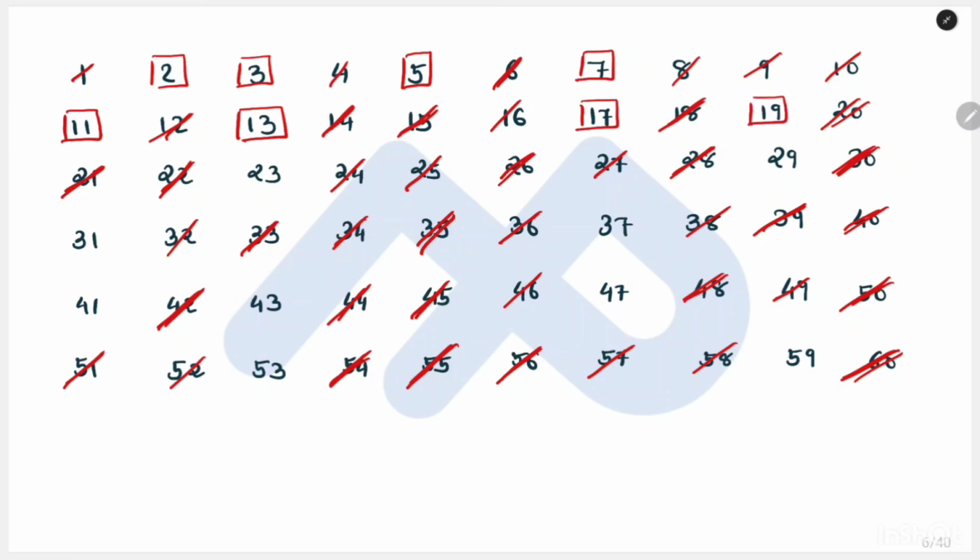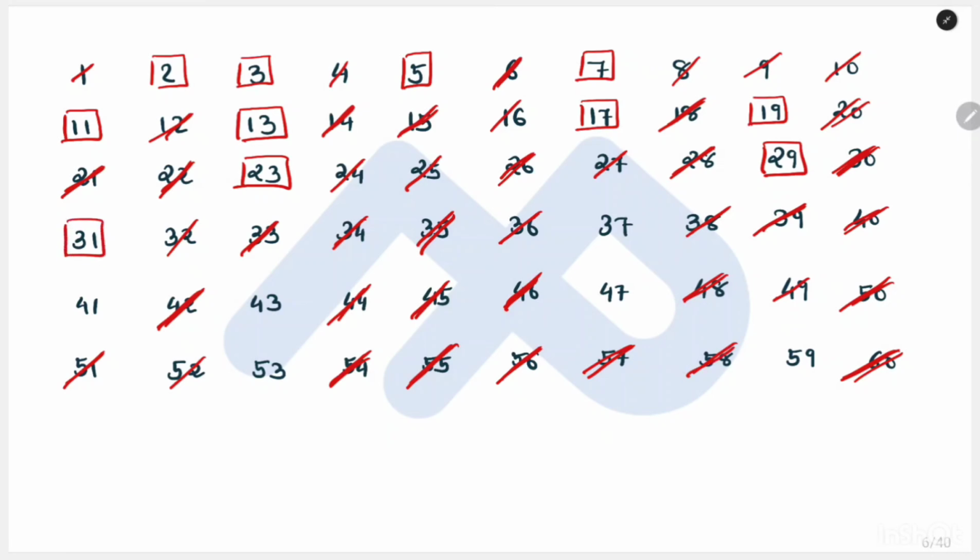So 19, multiples of 19 are 38 and 57, rest are removed. 23, multiples are 46, and then next are not there in the list. Then 29, the multiples of 29 are 58, so it's already removed.